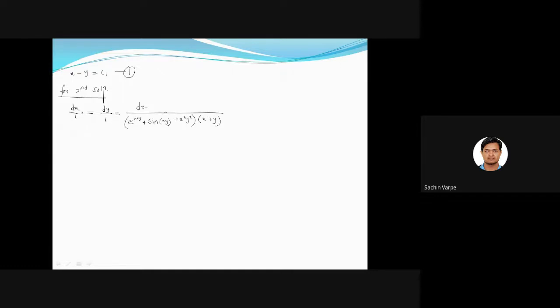Now, I guess we don't have the multipliers also, so that the denominator will be 0.